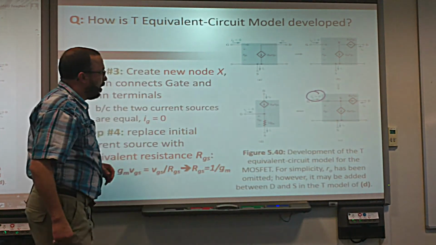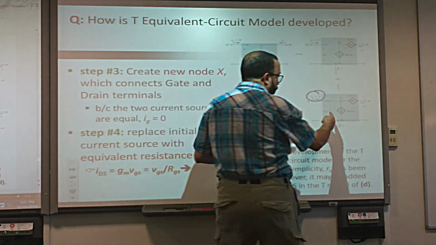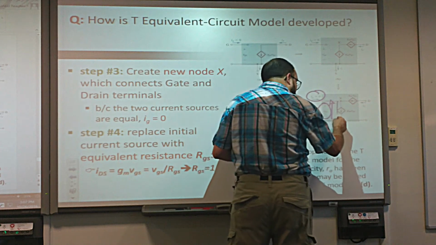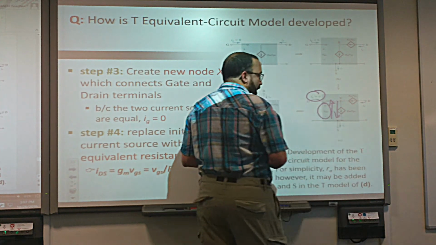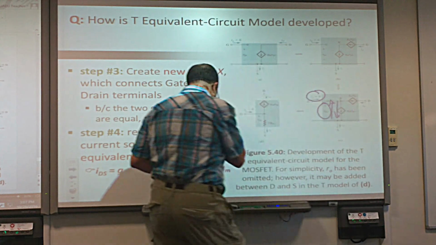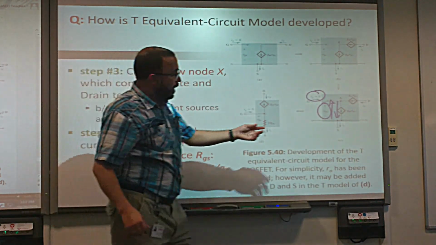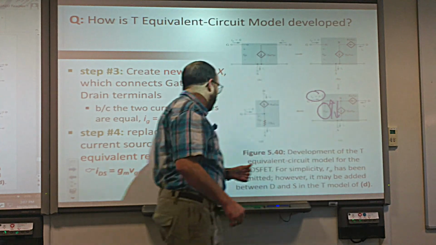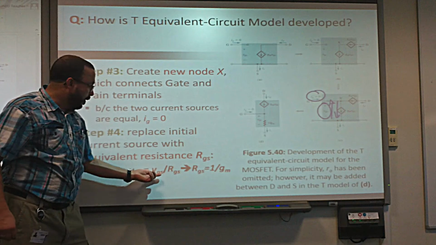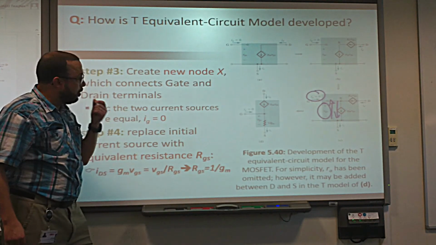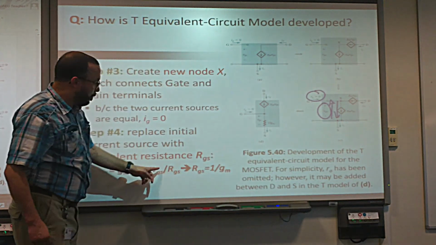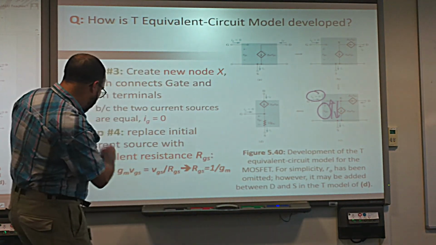And then from there, we know the voltage across here, which is VGS, and we know the current that is passing through this branch. So this voltage divided by this current, we can replace this by a resistor. And how much is that? Okay, hold on a second.